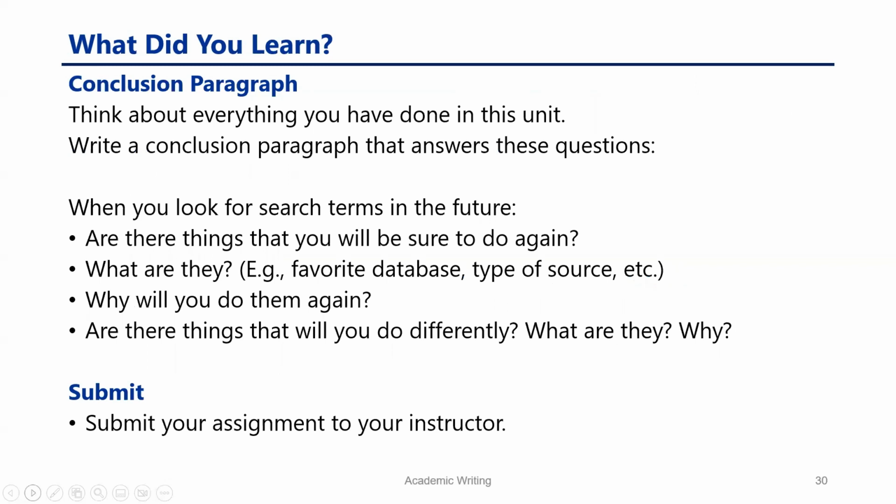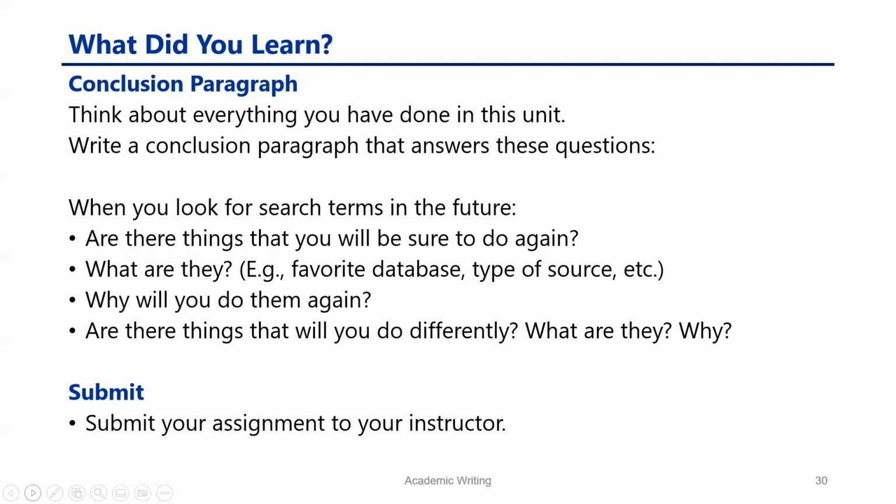Then it's time to write your conclusion paragraph. Take a moment to think about everything that you've done in this unit, and then write the conclusion paragraph that answers these questions. When you look for search terms in the future, are there things that you will be sure to do again?